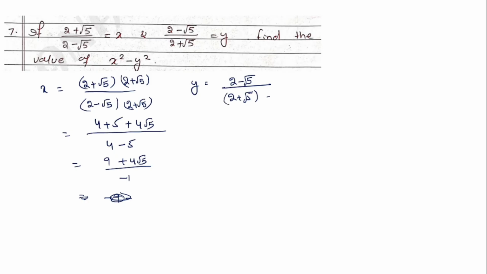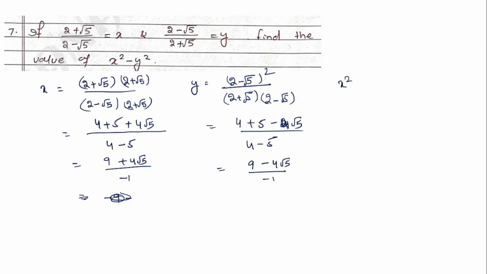If we rationalize, means multiply 2 minus root 5, same, multiply means square. So put the formula, that is a square plus b square minus 2ab, that is 4 root 5, divided by a square minus b square, 4 minus 5, same, that is 9 minus 4 root 5 by minus 1.